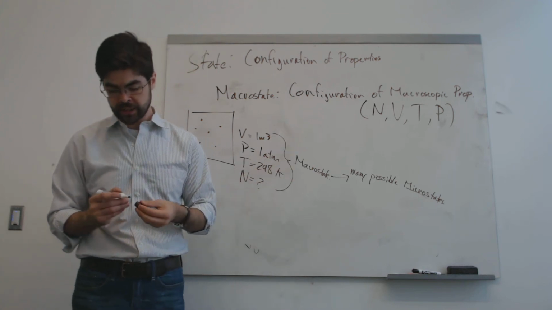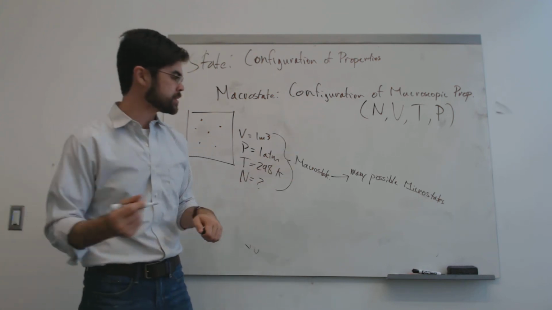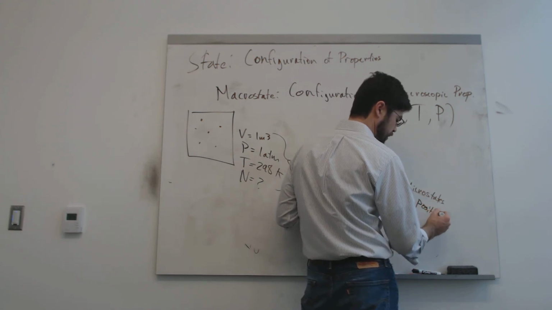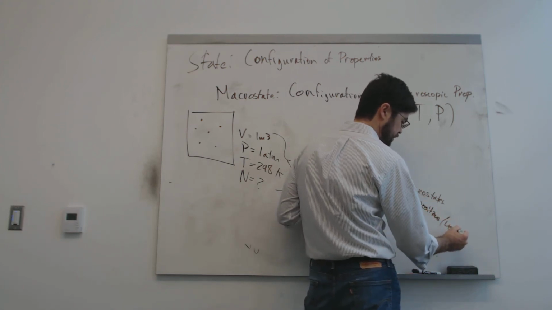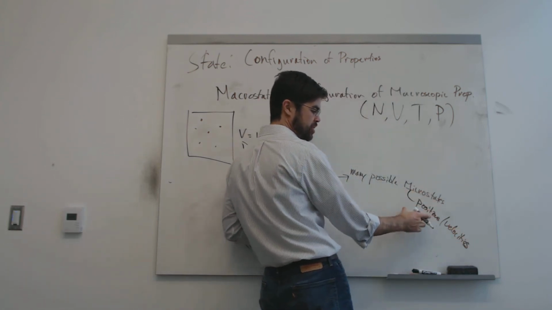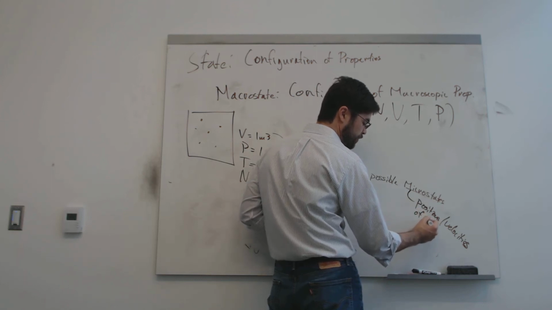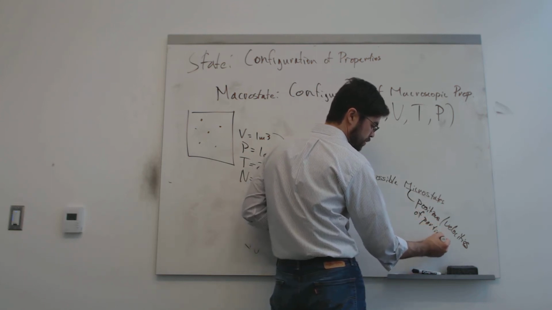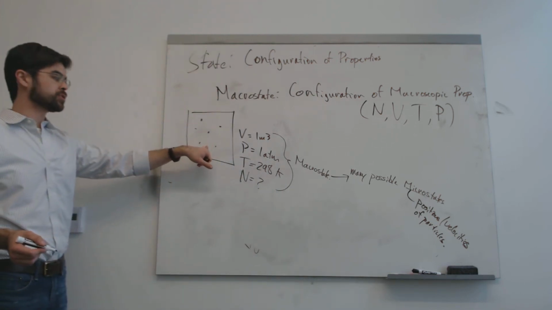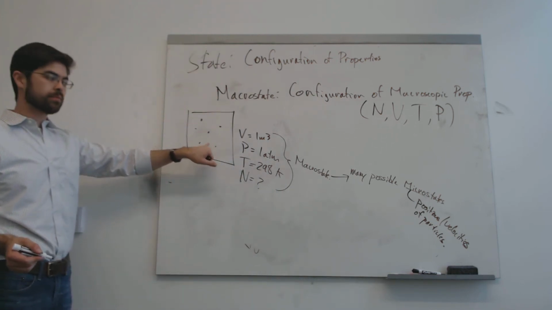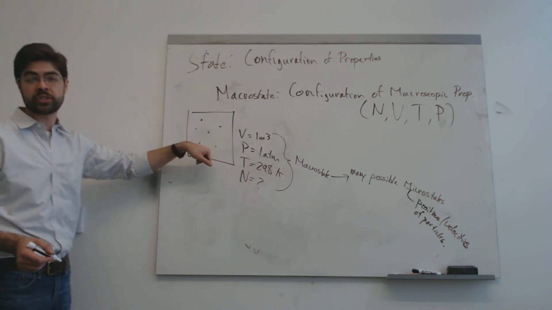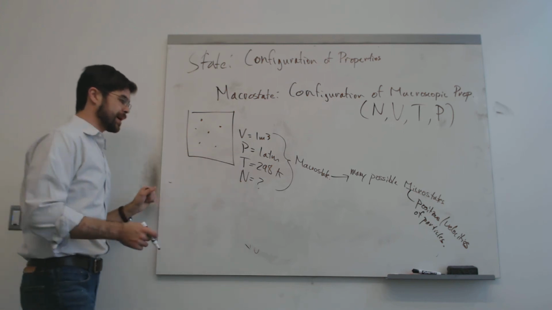So the microscopic properties of a system might be the positions and velocities of the particles in that system. So this is one particular macrostate, and this might be one microstate of that particular macrostate.